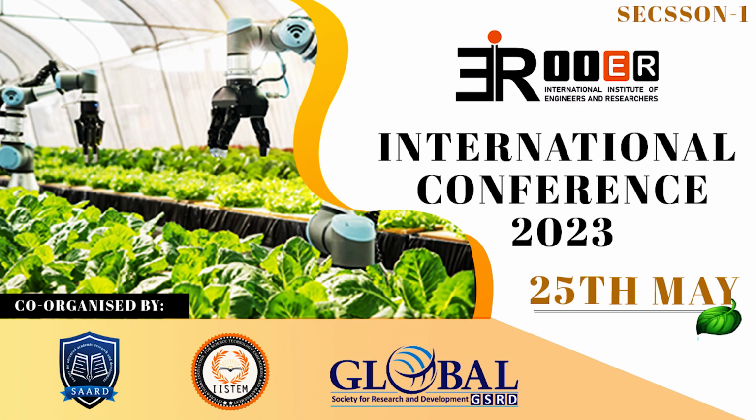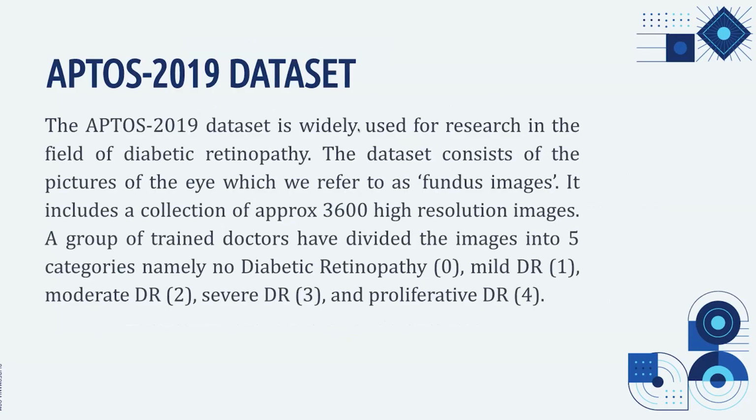The Aptos 2019 dataset was taken from Kaggle. It is open source. So the dataset consists of pictures of the eye, which we refer to as fundus images in our paper. It includes a collection of approximately 3,600 high resolution images. The dataset was very heavy, approximately 10 gigabytes.